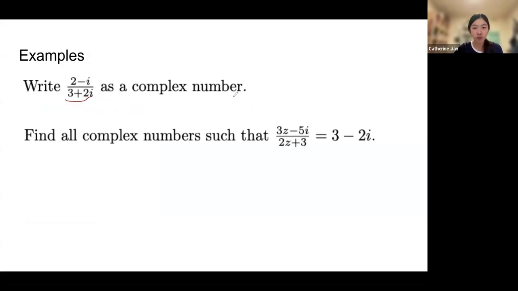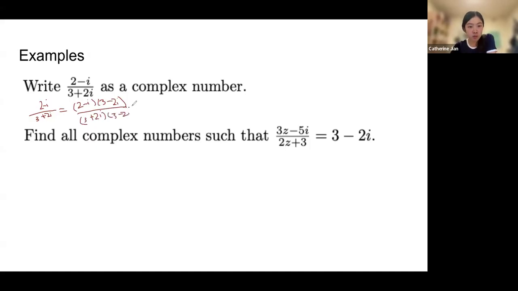Okay, so if we do that here, we have 2 minus i over 3 plus 2i is equal to 2 minus i times the conjugate of 3 plus 2i, which is 3 minus 2i, over 3 plus 2i times 3 minus 2i.